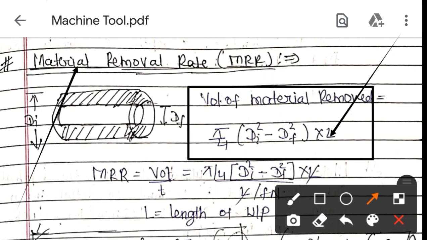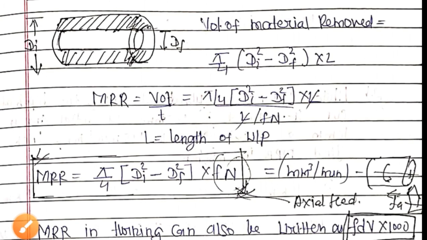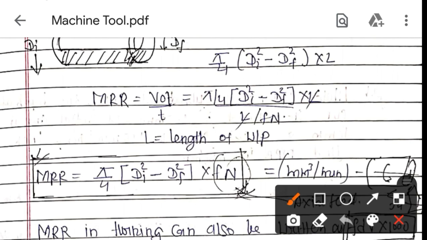So what is the MRR? Volume divided by time. This is the volume of the material removed, and time, from the turning mechanism we learned, is the machining time. The machining time is L by Fn.